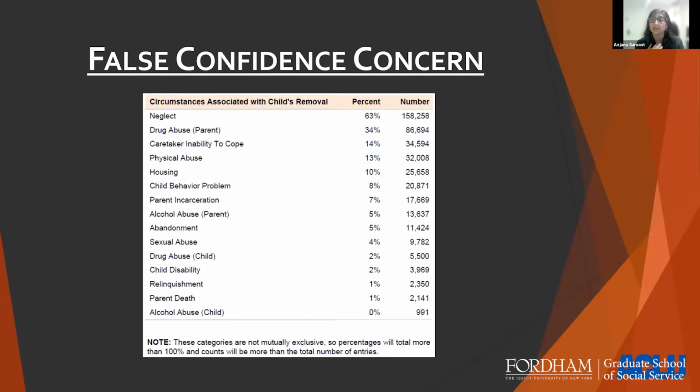63% of removals involve neglect, which is defined as alleged or substantiated negligent treatment or maltreatment, including a failure to provide adequate food, clothing, shelter, or care, and includes failure to provide supervision.